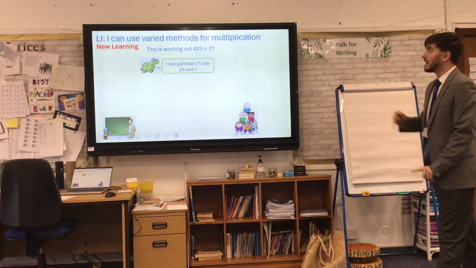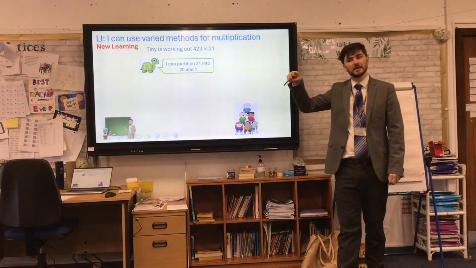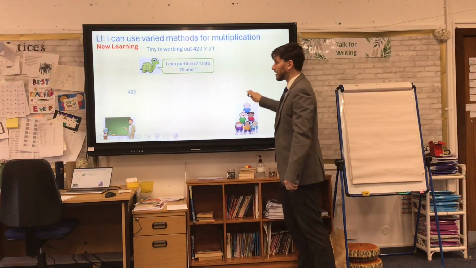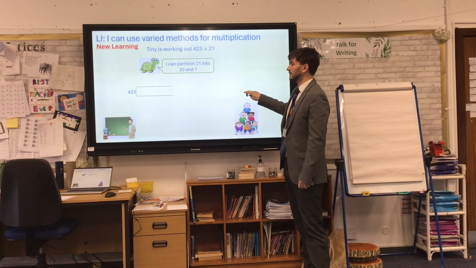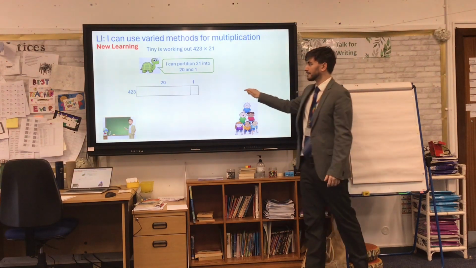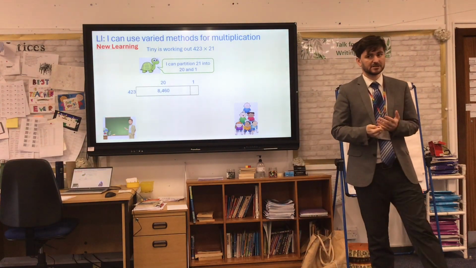He says, I can partition 21 into 20 and 1. So 423, using a bar model, can be split into 20 and 1. Then, I can do both of those sections in my head.